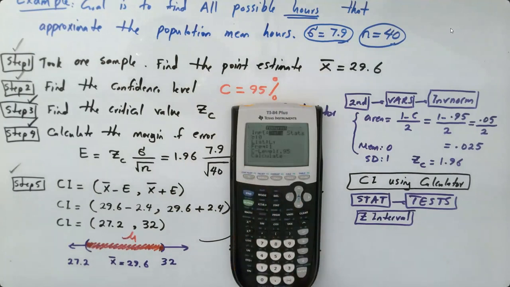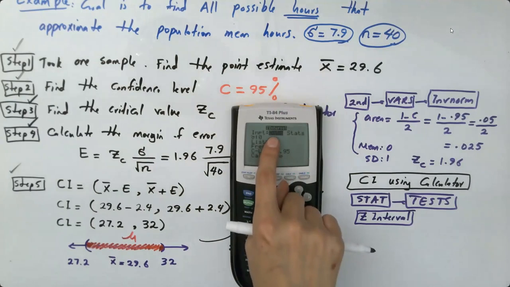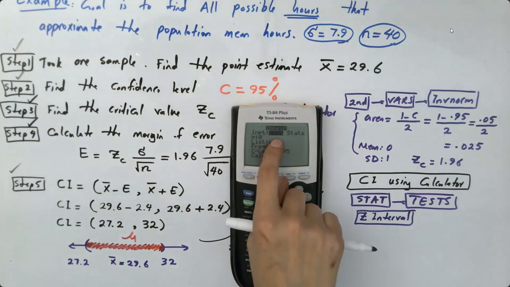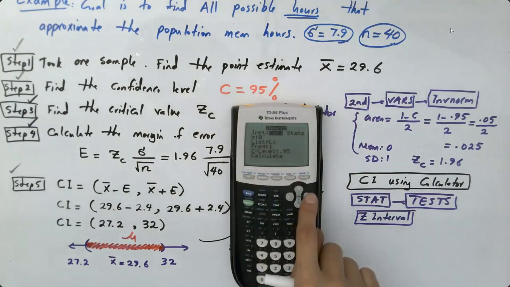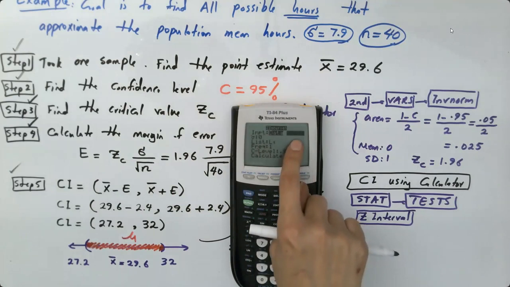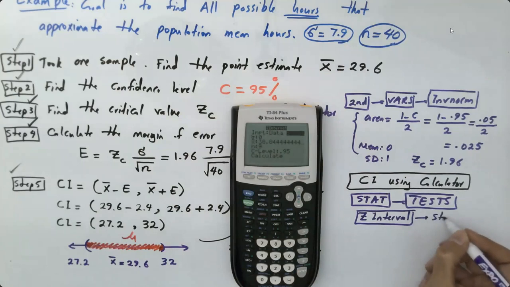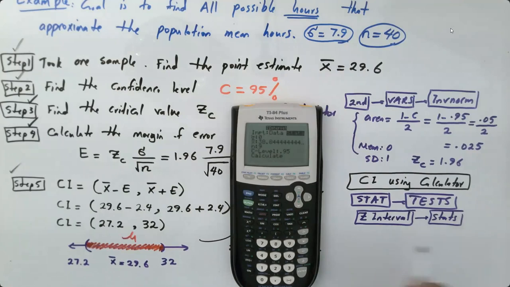Select Z interval. If you already entered all the data from your sample in L1, L2, or L3, select data. If not, click on stats. You already have all the information you need. So what is sigma?